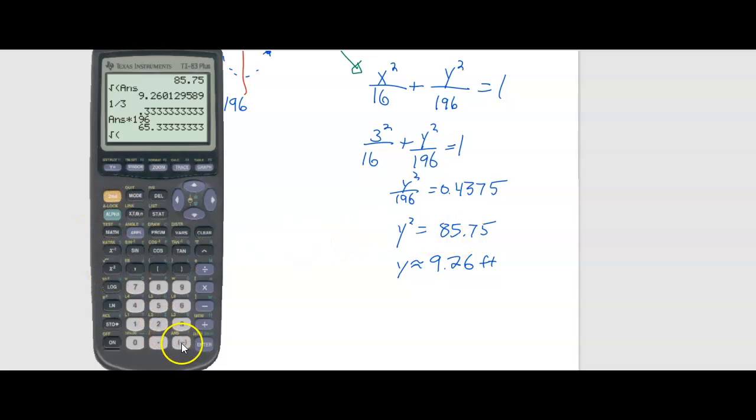I would hold myself from rounding anything, leaving it all in the calculator. We got lucky with these decimals being finite and we could write them all down, but if they were infinite, don't round. You can write down a rounded answer, just don't use it. Keep using full precision. All right.